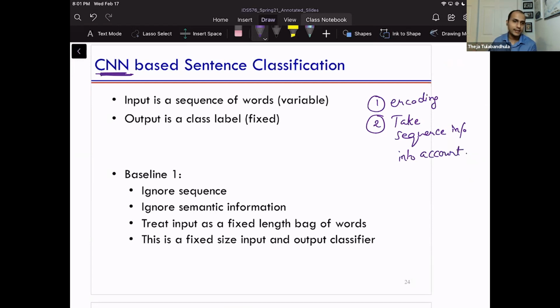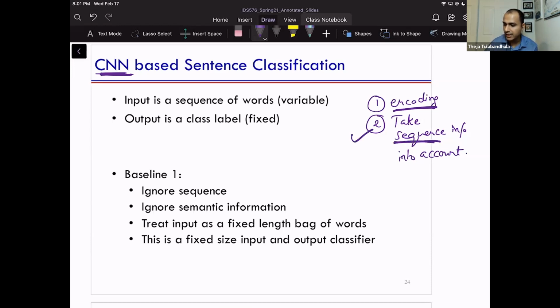So you'll see that the CNN-based model does satisfy both these in some sense, although it can use any encoding. So it's not really related to encoding, in the sense that I can use one-hot encoding as a part of training this model. So encoding itself is not being addressed by this model, but it does take sequence into account.